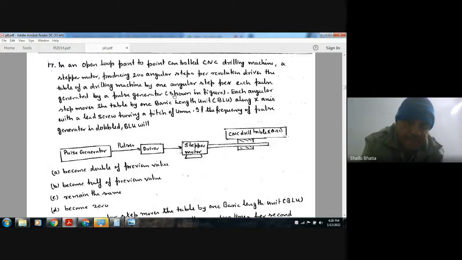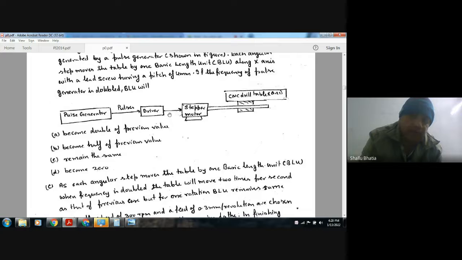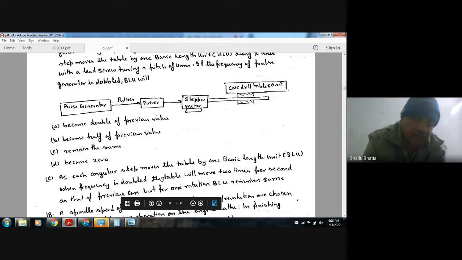Okay, this is the definition of BLU. So if we double the frequency, it means in the same time the number of revolutions will be doubled, and the axial advancement will also be doubled. But in one revolution, the axial advancement is the same. So the BLU will be the same.